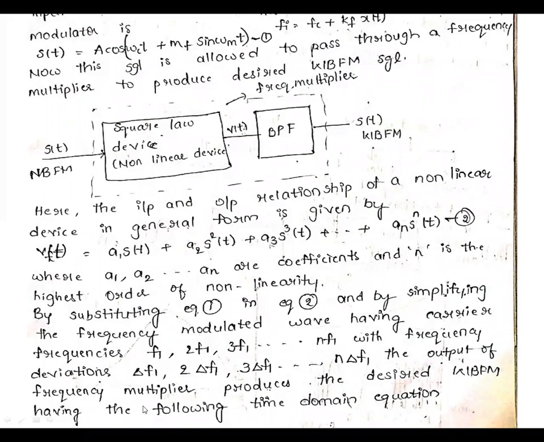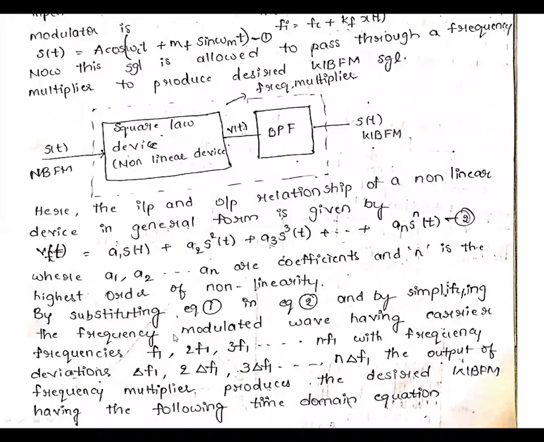So the output of the frequency multiplier produces the desired wideband. Here there are three equations. One is the non-linear equation, V(t) equals A1 S(t) plus A2 S squared(t) plus A3 S cubed(t), and so on. These equations generate the frequencies with the help of the band pass filter.